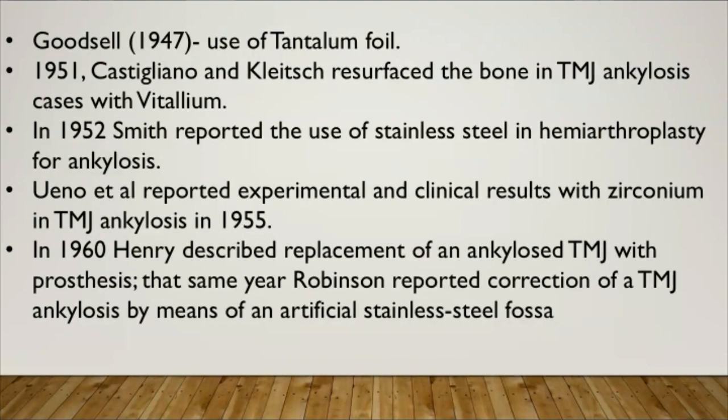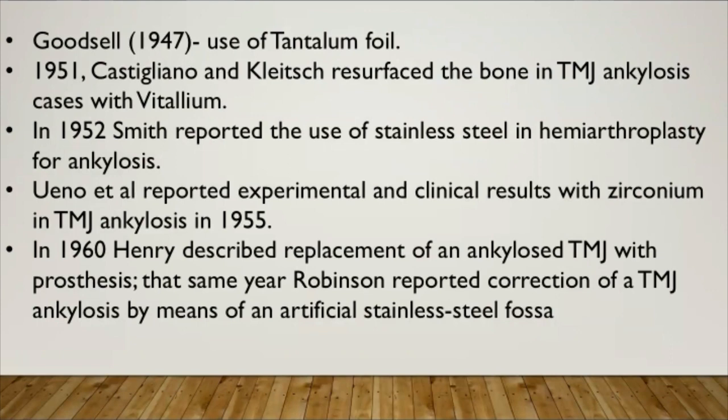Gussel in 1947 used tantalum foils. In 1951, Castigliano and Clinch resurfaced the bones of the temporomandibular joint with ankylosis with Vitallium. While in 1952, Smith reported the use of stainless steel in hemiarthroplasty for ankylosis. Benoit et al. reported experimental and clinical results with zirconium in temporomandibular joint ankylosis in 1955.